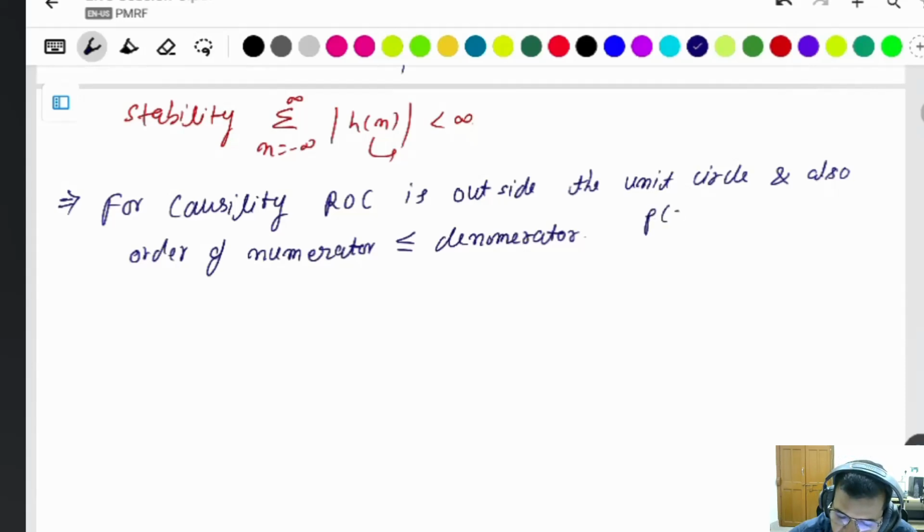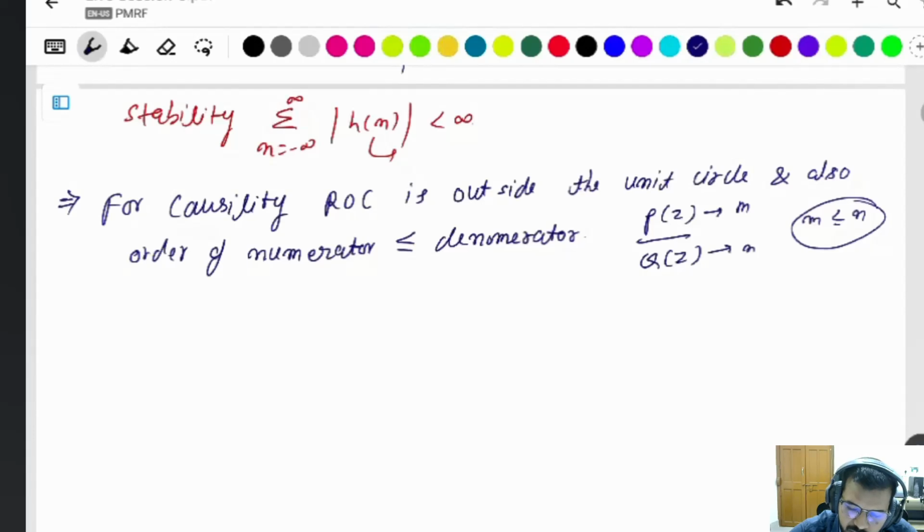If there is P(z) by Q(z), with the order of P(z) being m and that of Q(z) being n, then m should be less than or equal to n. If it is greater than this, then everything is different.